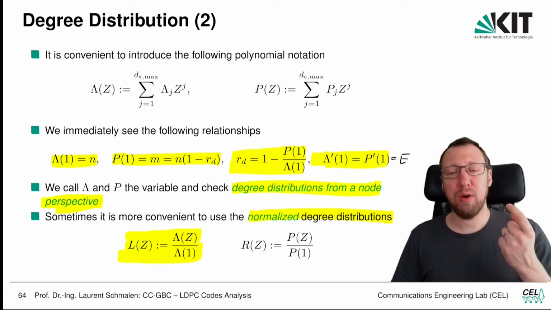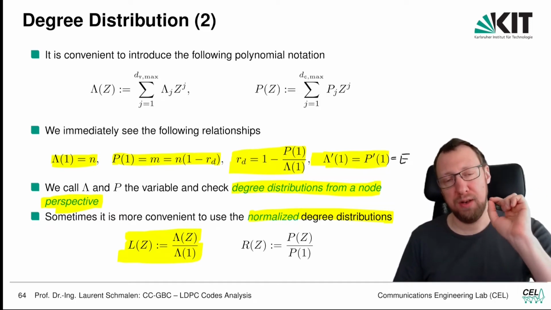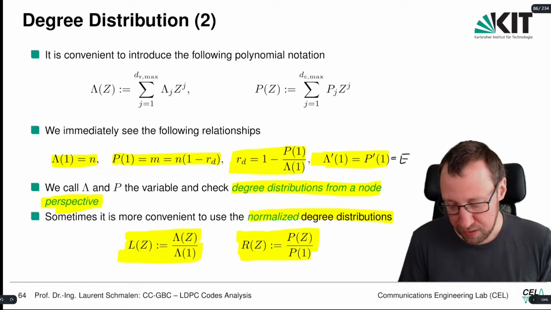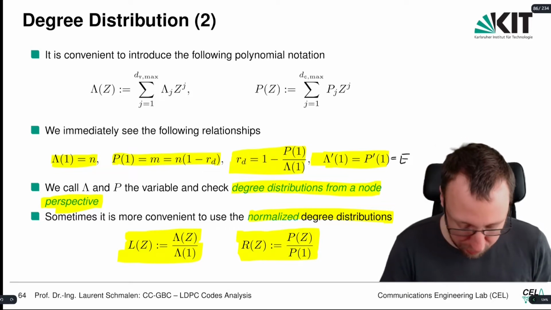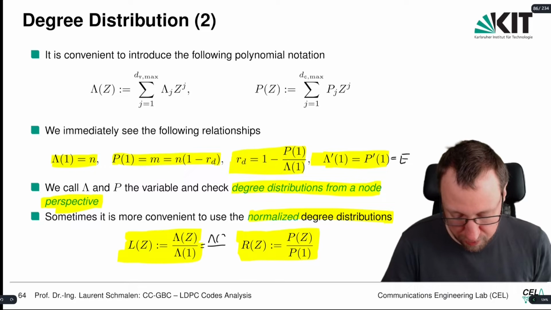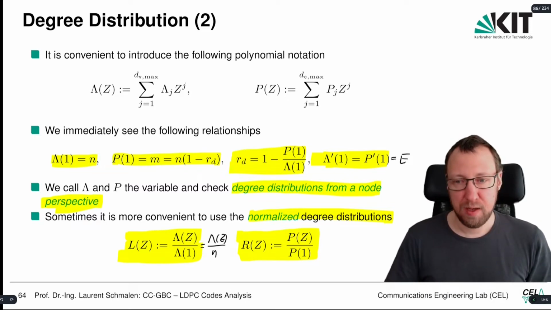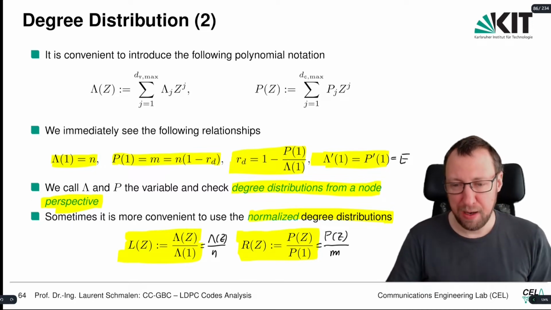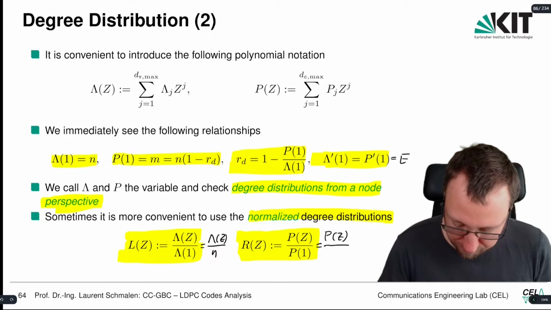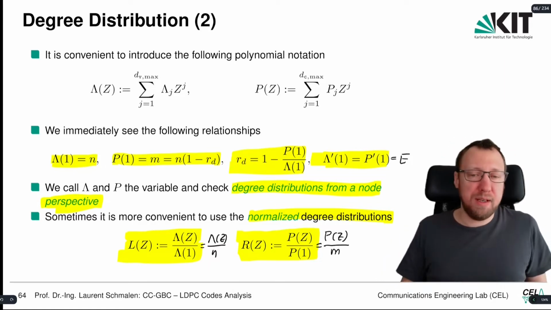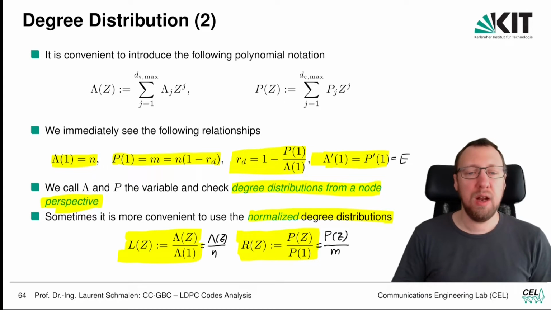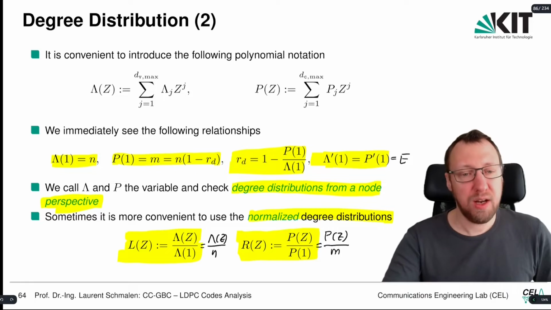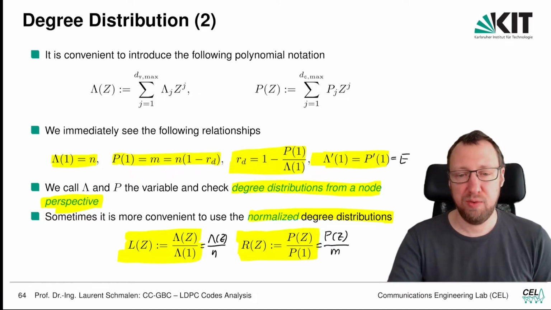So we look at the fraction of variable nodes of a certain degree, and we look at the fraction of check nodes of a certain degree. Recall, R of Z is equal to p of Z divided by m, and L of Z is lambda of Z divided by n. m is equal to p of 1 and n is equal to lambda of 1. So these are the normalized degree distributions.